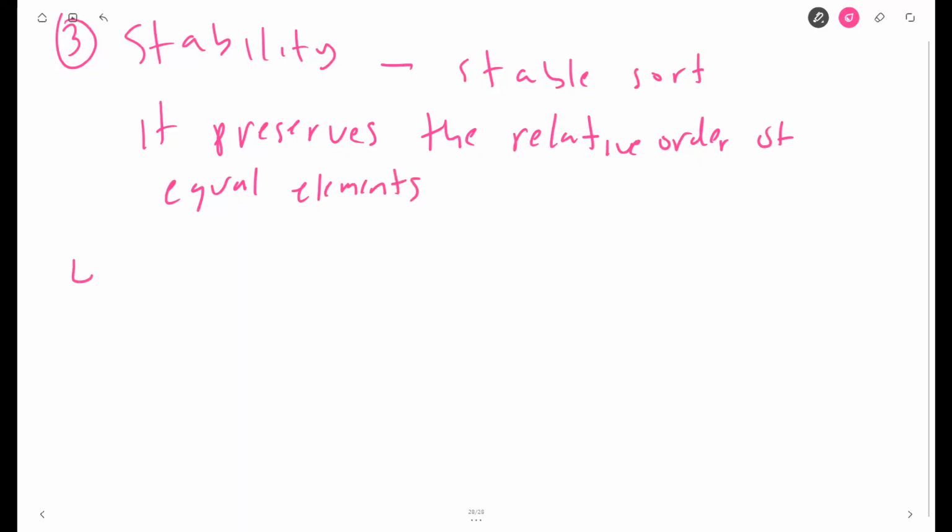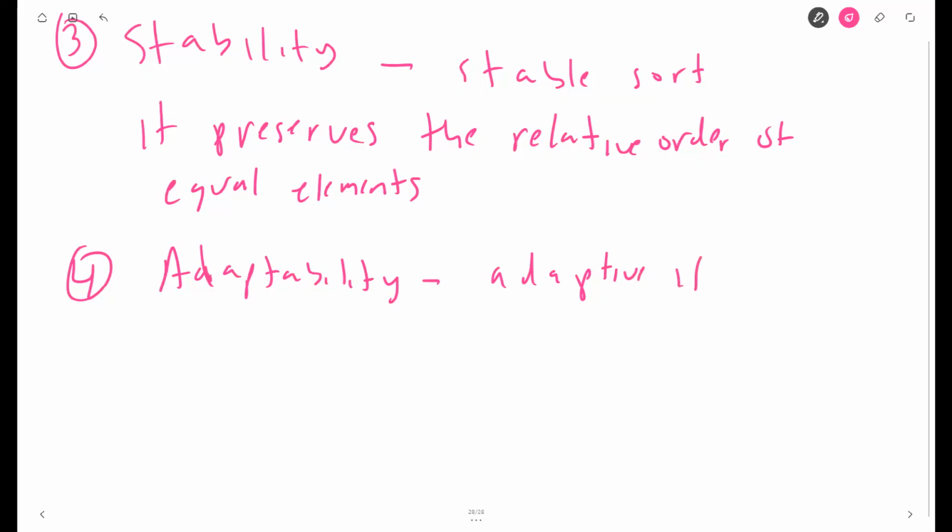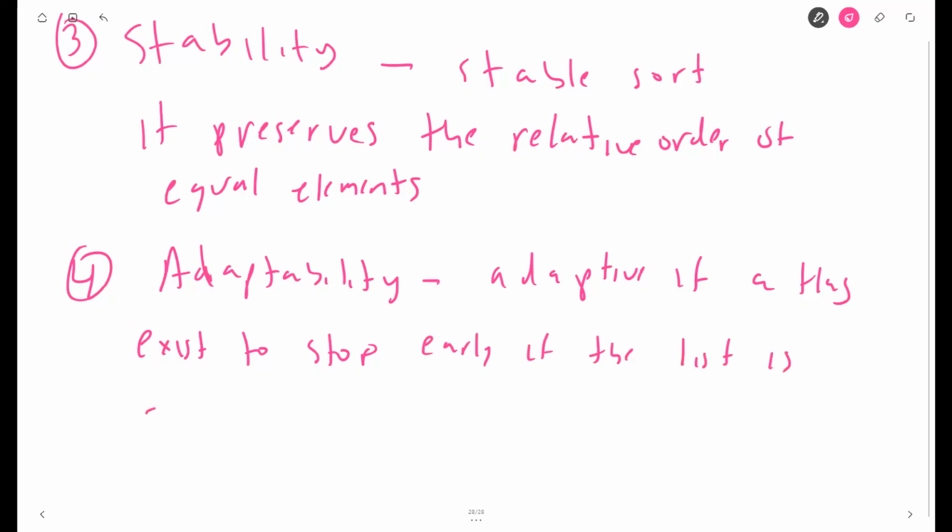Now we're going to talk about adaptability. It is adaptive if a flag exists to stop early if the list is sorted.